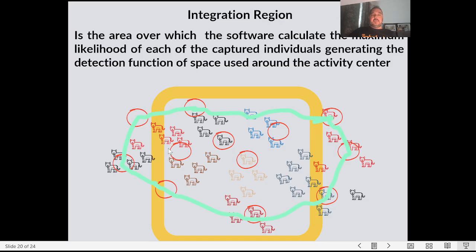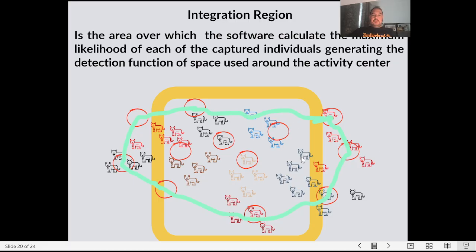it may happen that this snow leopard here will be detected here, or will be detected here, and also this other individual can be detected here, or even here, or maybe even here, and the same on this side.